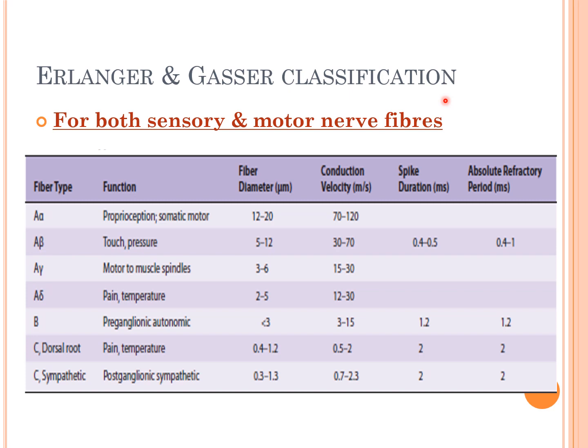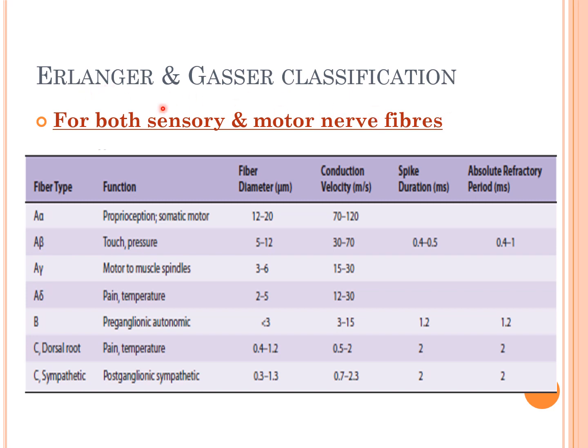There is one more classification, called the Lloyd and Hunt classification, also called the numerical classification, and that is only for sensory nerve fibers.